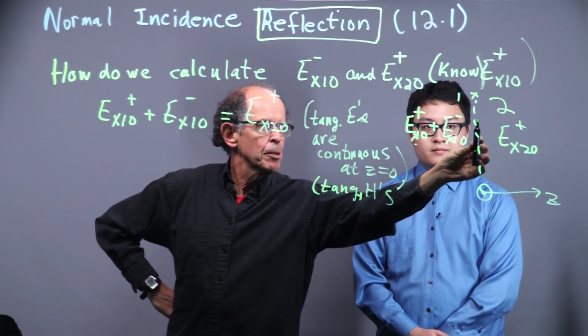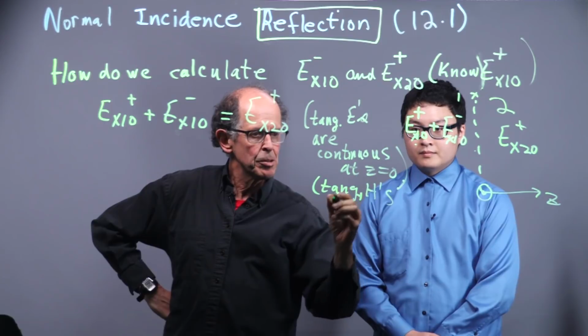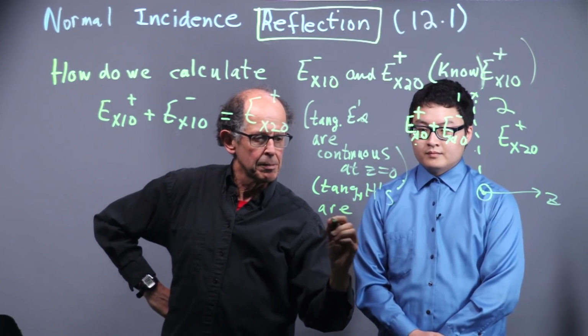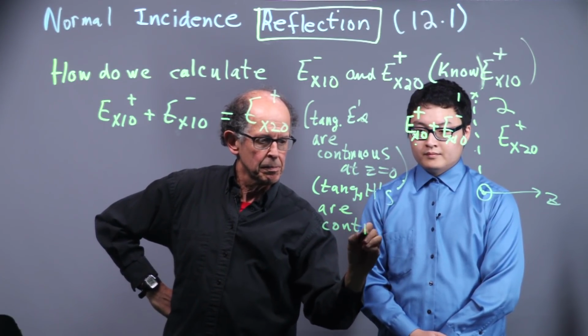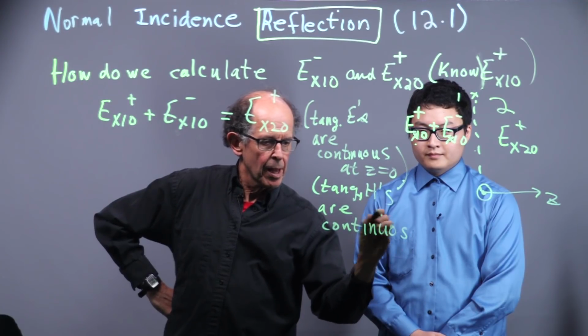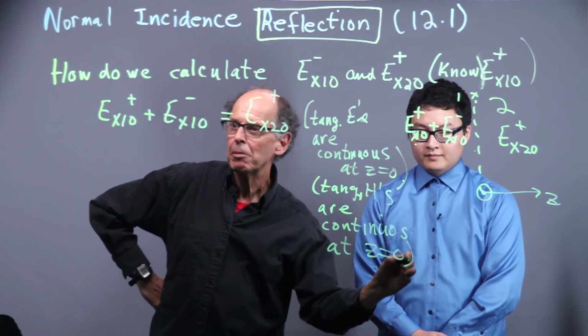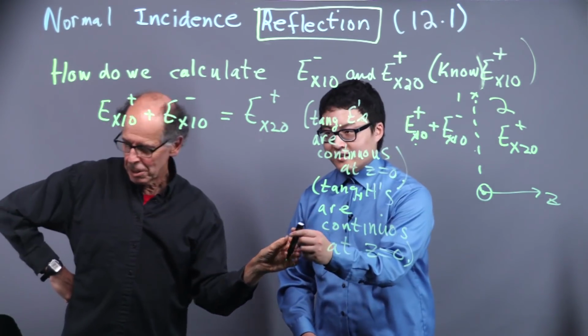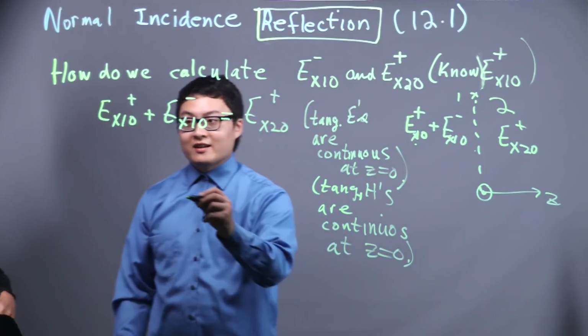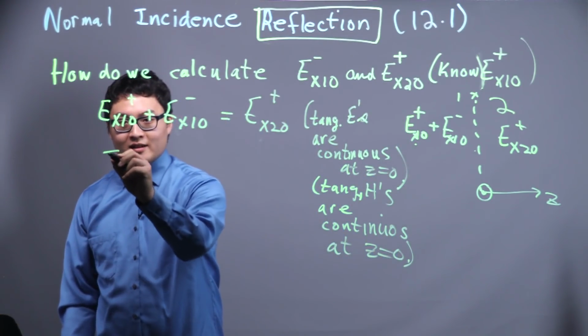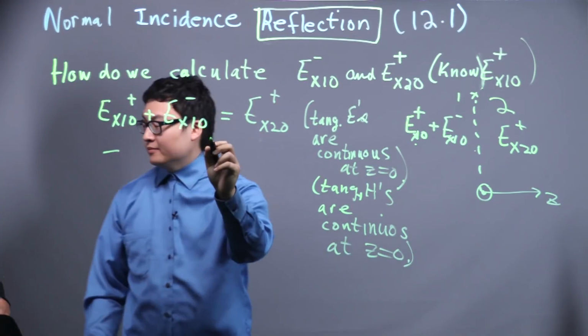The tangential components of H are continuous at Z equals 0. So Sam, would you like to write down the second equation? Do you want to write in terms of E? Yeah, in terms of E.